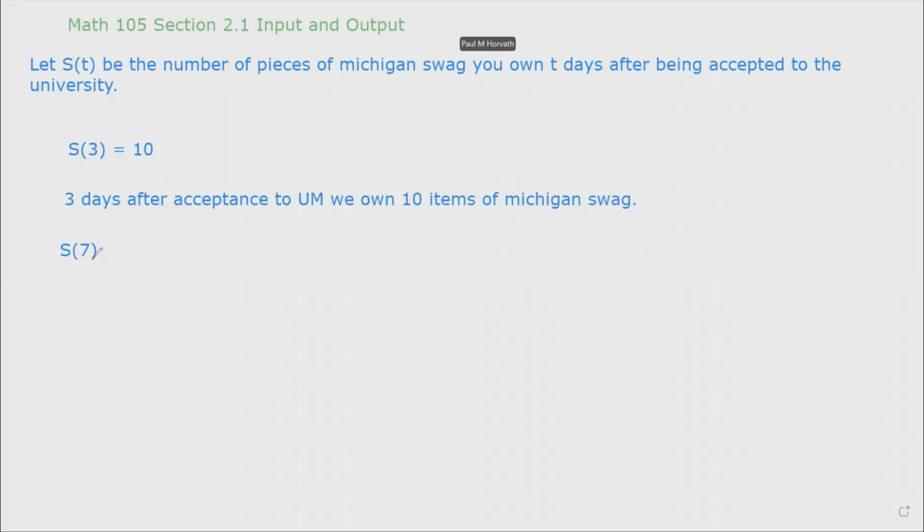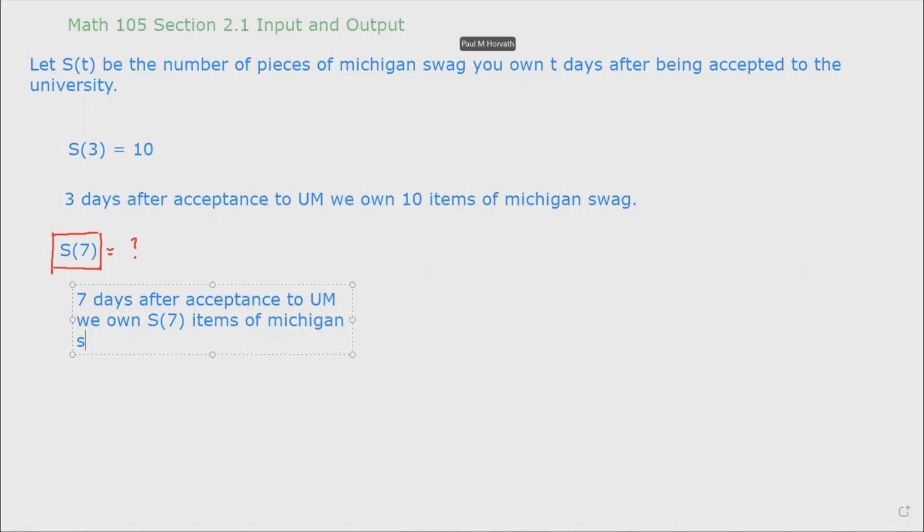But even though I'm not given this thing equaling something, the output is still S of 7. 7 days after acceptance to U of M, we own S of 7 items of Michigan swag. Yeah. And so even though I don't have a specific output value like I had before, S of 7 is in and of itself an output.